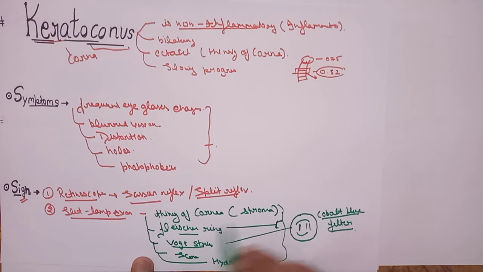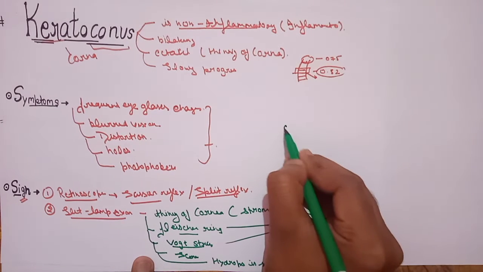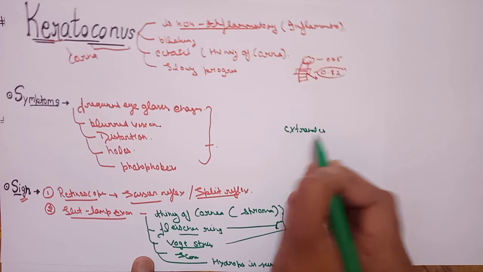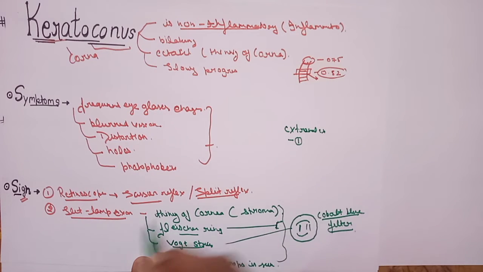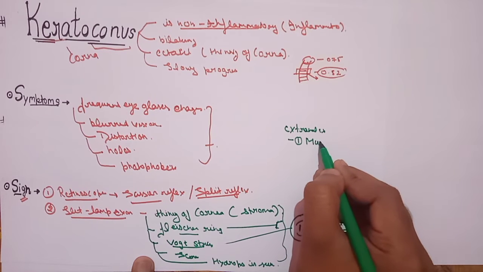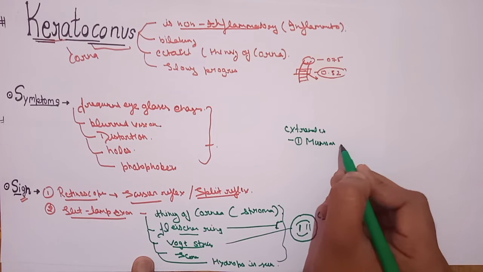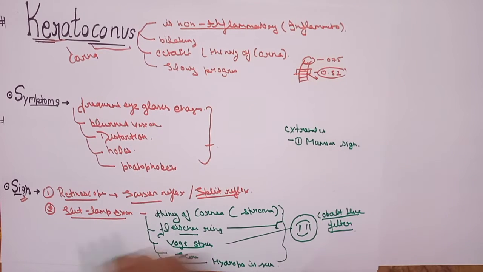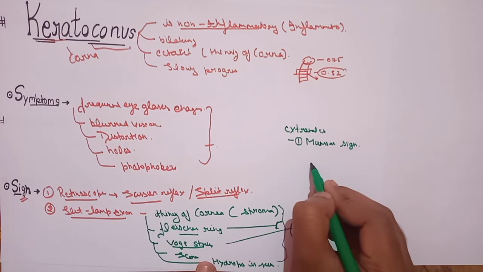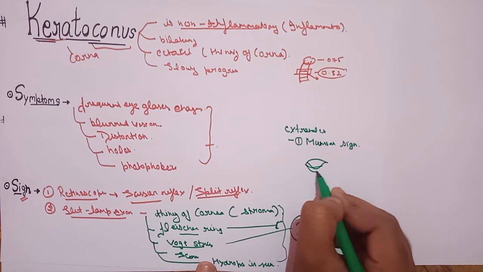These are all internal examination signs. What do we see in external examination? The first sign is Munson's sign. In Munson's sign, when the patient looks down, the lower lid is bulged out by the cone.